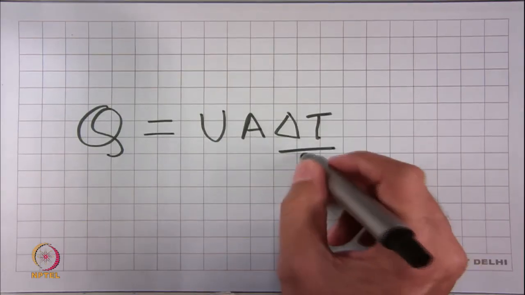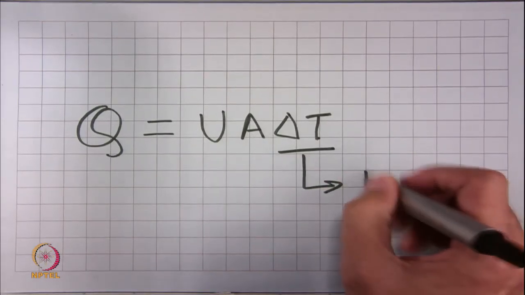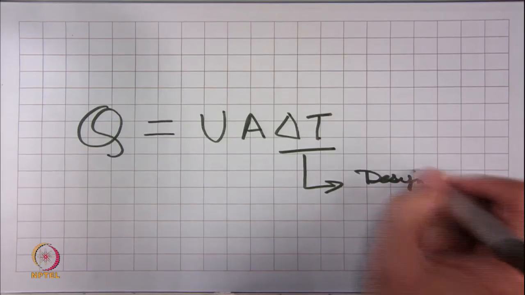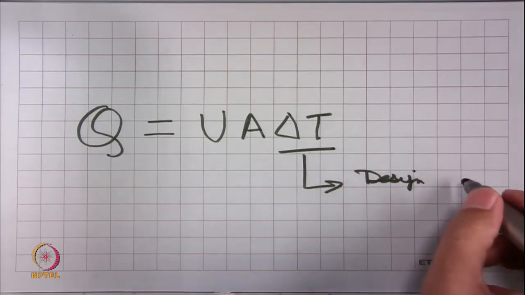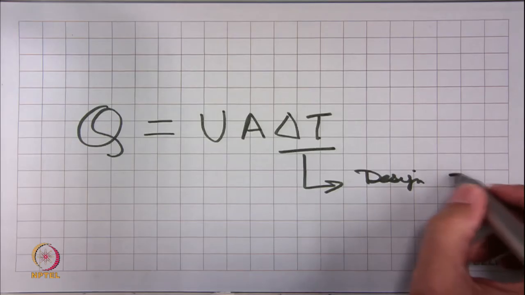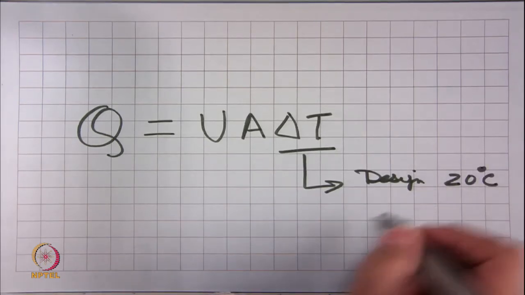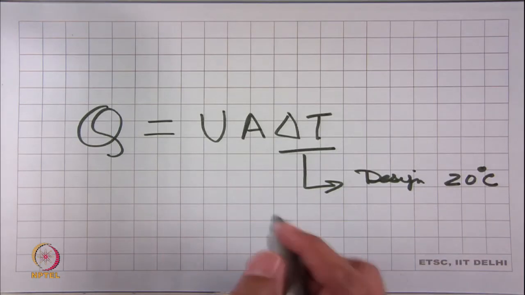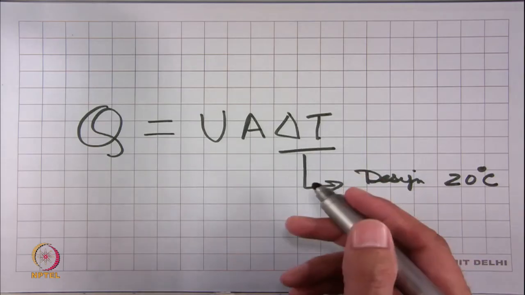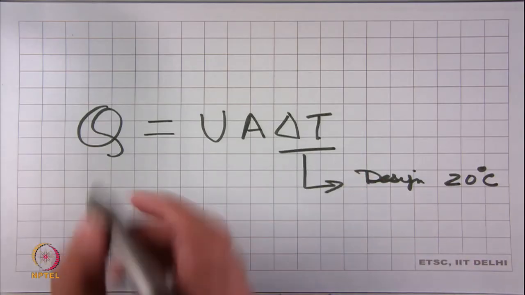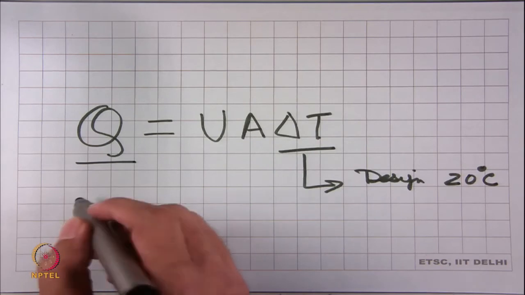Now, this is what I was talking about. We would have a design delta T, and for purposes of beginning, we could say that let us assume this is 20 degrees centigrade, and then we will have a delta T that will vary depending on the load, because this Q is not a constant value.